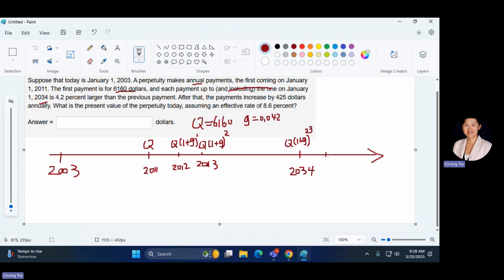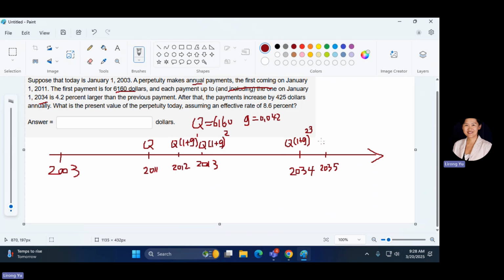And then the one after is going to be 2035. And after that, it increases by $25 annually.